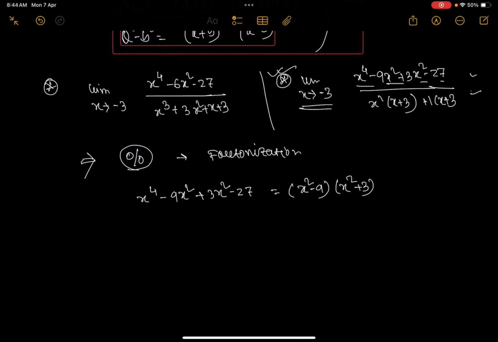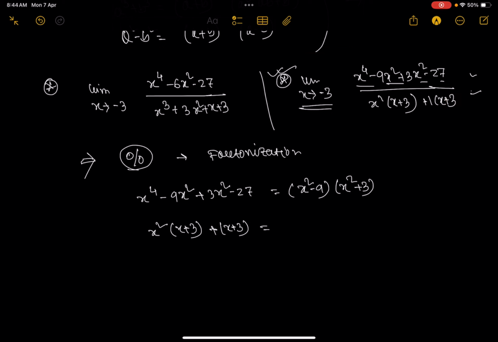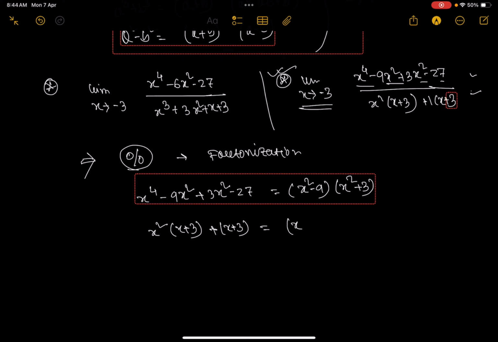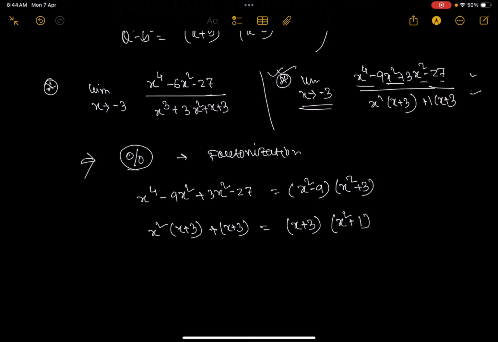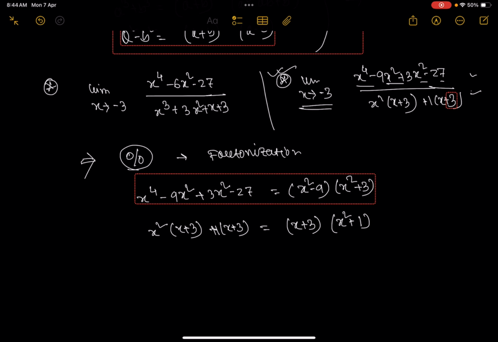Nothing else to do, we only try to distribute the factor. For the denominator part, x square into (x plus 3) plus 1 into (x plus 3). If we take x plus 3 common, the rest of the term is x square plus 1.